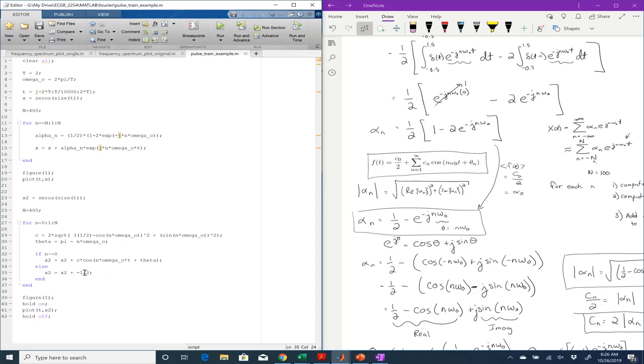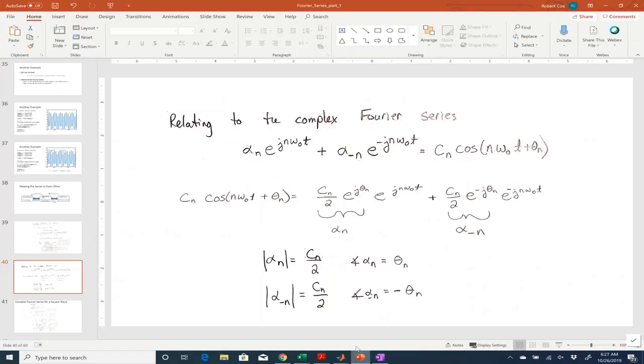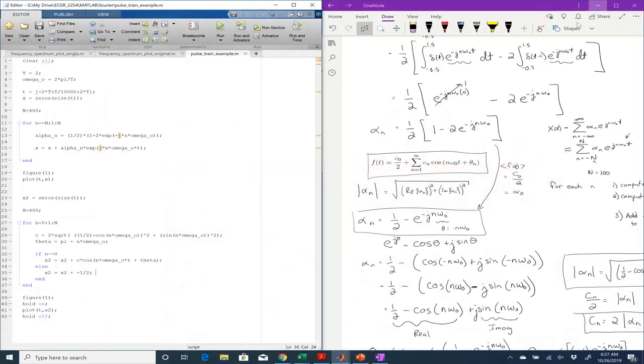Now I'm careful to do this one differently because if you look at the way that I derived the formula for relating alpha n and Cn, it assumed that I had basically a cosine. At n equal to 0, I don't really have a cosine. So I'm just treating that one special, and making sure that I understand what it means to be the DC value, which is the average of the waveform.